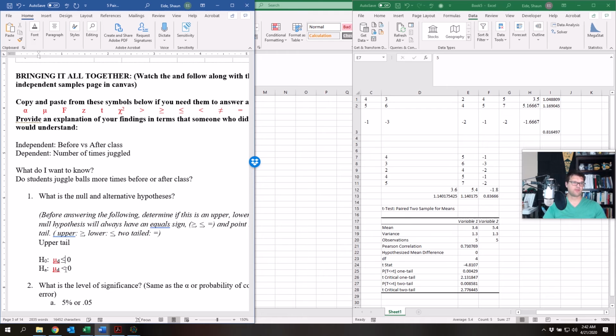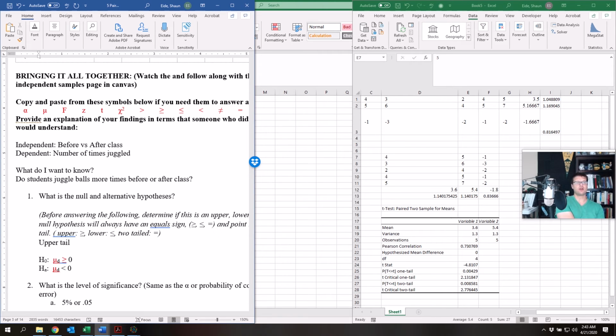And the reason why I'm changing it to a lower tail test is because when you put the lower one first, you're actually testing the lower one, and so then the mean difference would actually be lower.